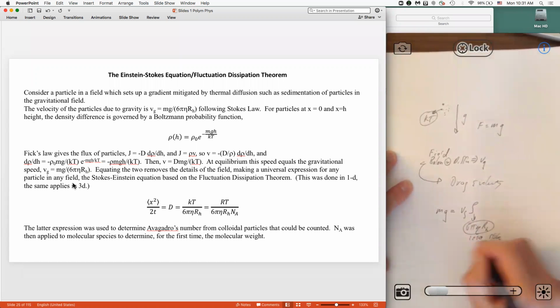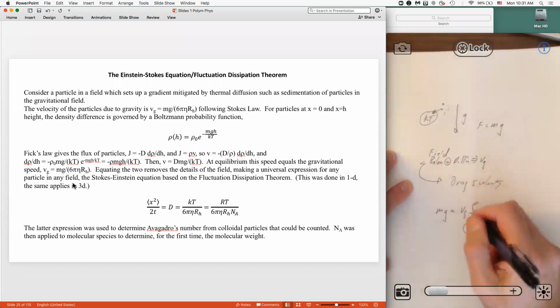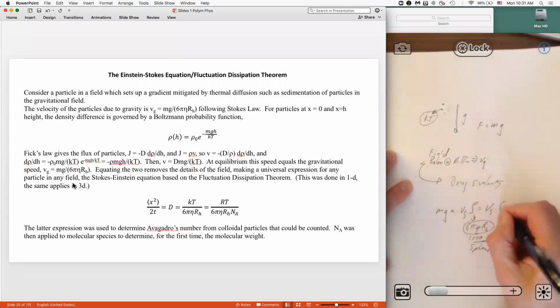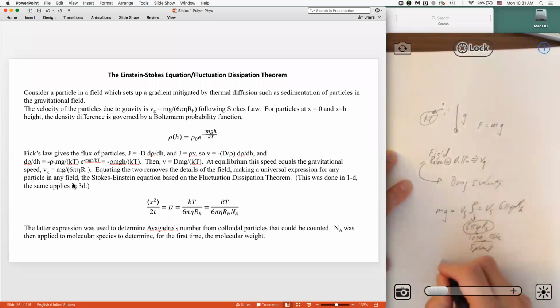Stokes derived that equation for a sphere. So if you write that out, you have Vg times 6 pi eta Rh, and you can solve for Vg. It's going to be mg over 6 pi viscosity Rh. That's solution one.